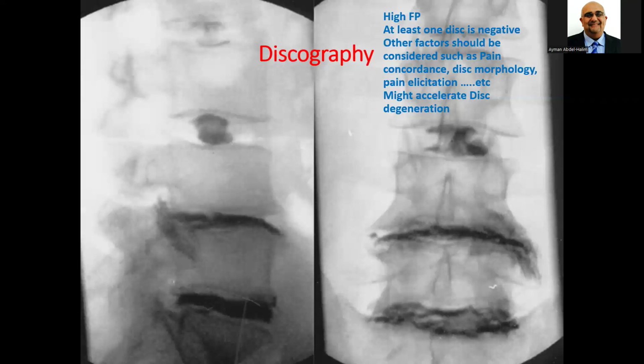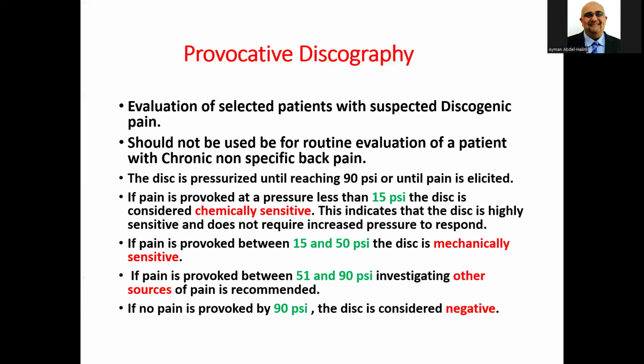So, when do we do the discography? Or what we call provocative discography. Well, we do it in suspected discogenic pain, or what we call internal disc disruption. All right, it should not be used as a routine evaluation for patients with chronic non-specific back pain.